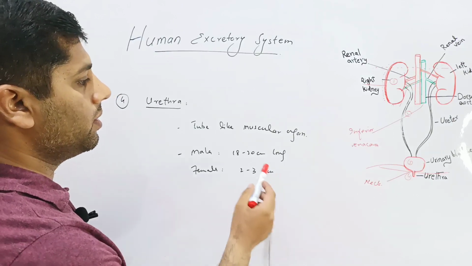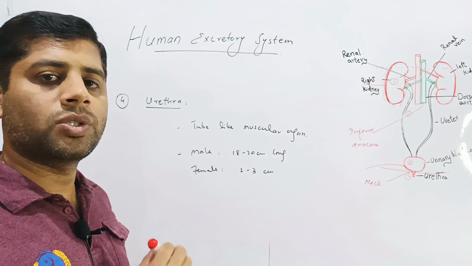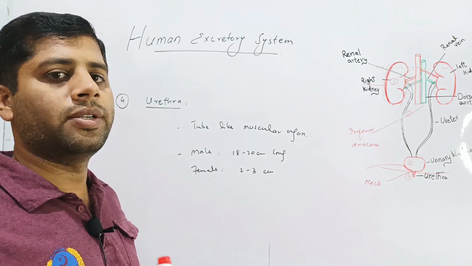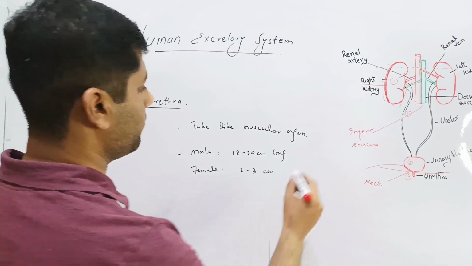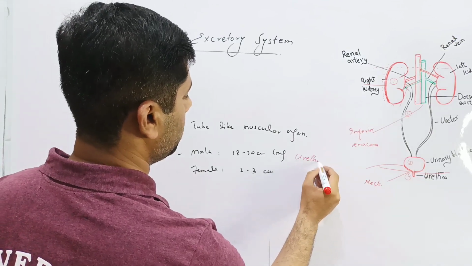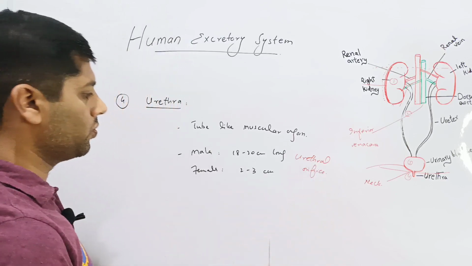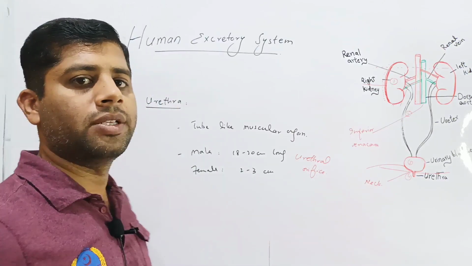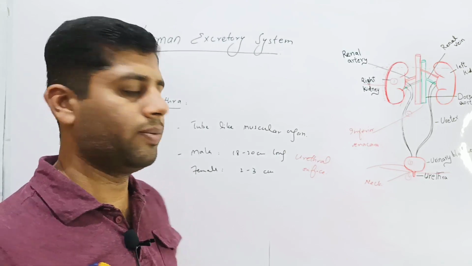In males, the length of the urethra is 18 to 20 centimeter because it runs throughout the penis and opens at the tip of the penis, called the urethral orifice. While in females, it is 2 to 3 centimeter in length, lying just above or anterior to the vaginal opening in the vulva.